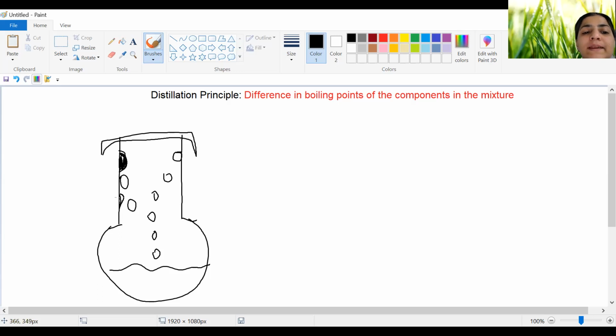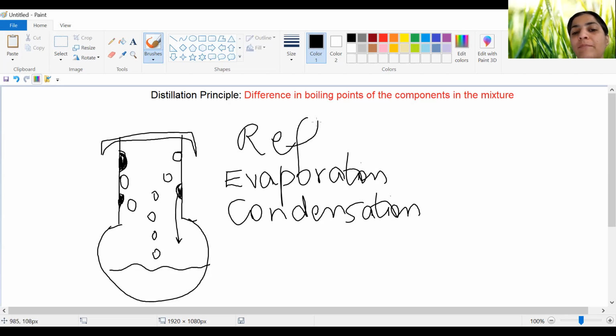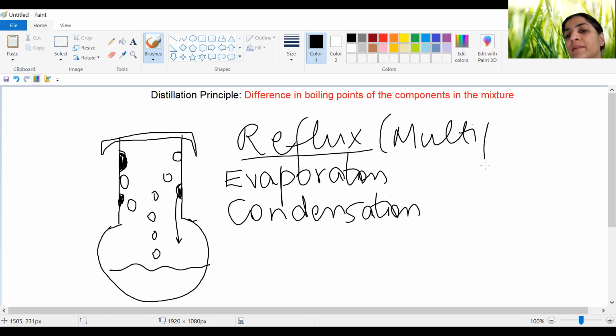Once these droplets condense, they fall back in the pot. So we see that there is evaporation and there is condensation. When you have multiple cycles of evaporation and condensation, we say this is a reflux.